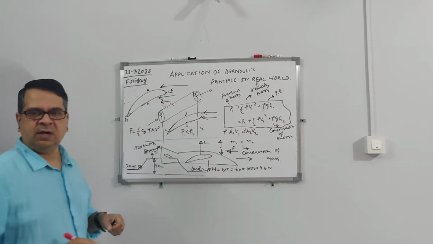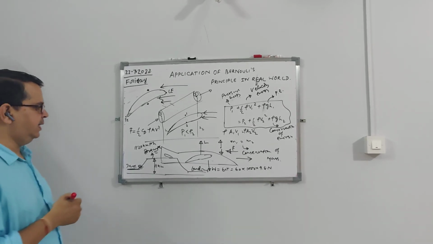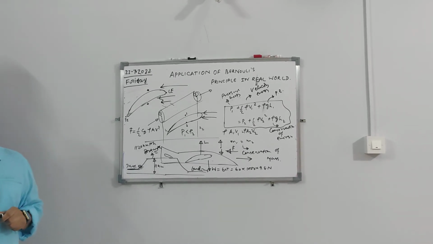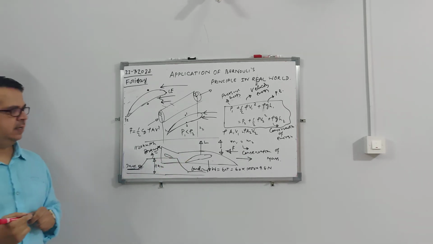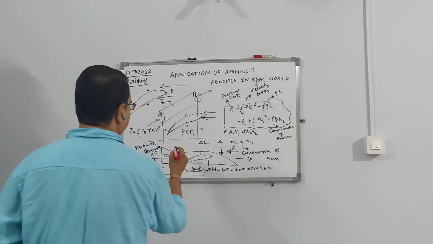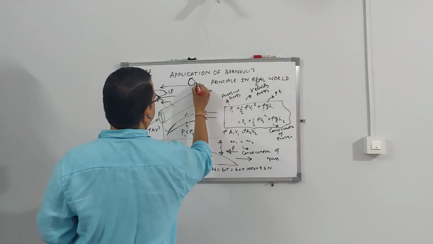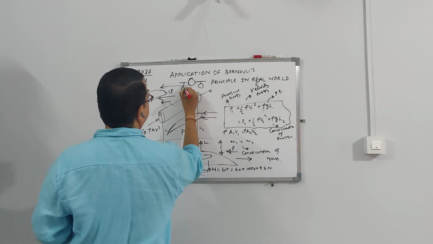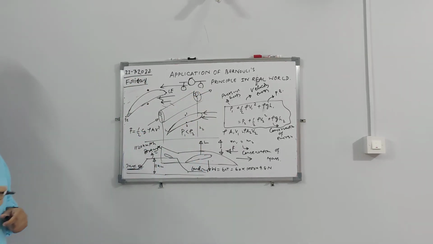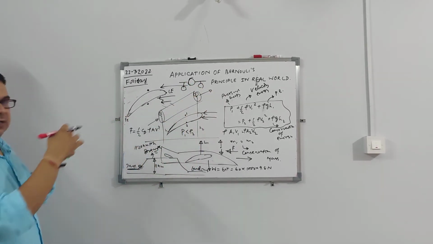To overcome that friction, I need to have an engine. So I have an engine in this aircraft. These engines will be sitting on the wings. If I see the aircraft from the front, it will be a circular shape like this, and this is my wing, and my engines will be sitting here. So this is my engine sitting on the wings.